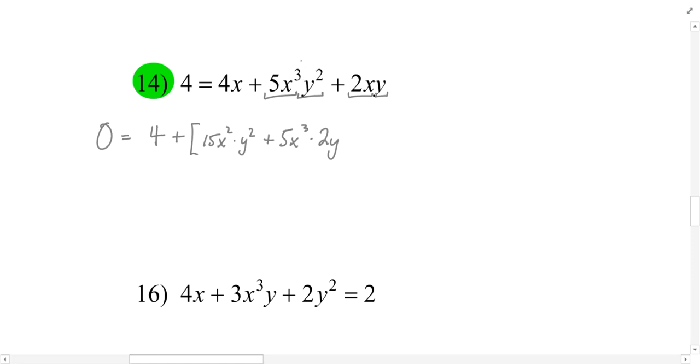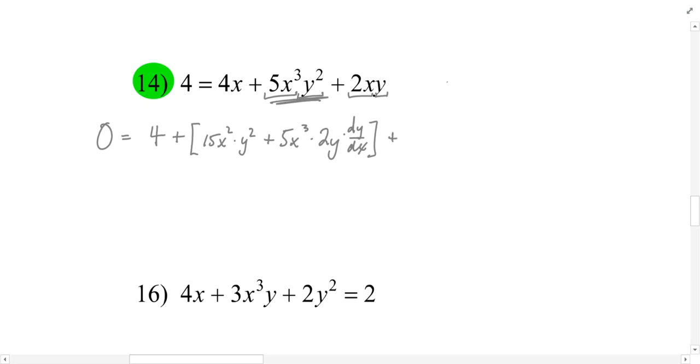Now the derivative of y squared is going to be 2y, but since y is different than the x variable that we're differentiating against, we've got to turn around and multiply by dy dx immediately. And that grouping symbol shows the derivative of this term here.